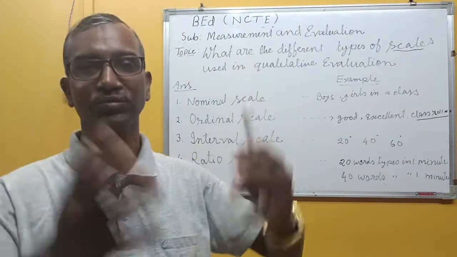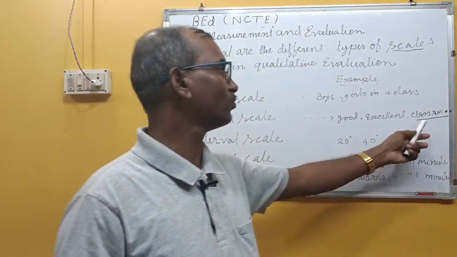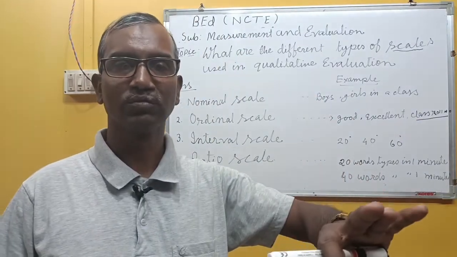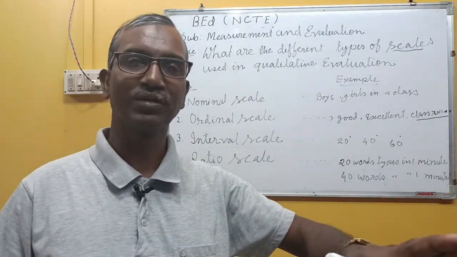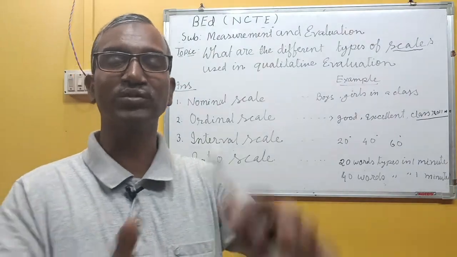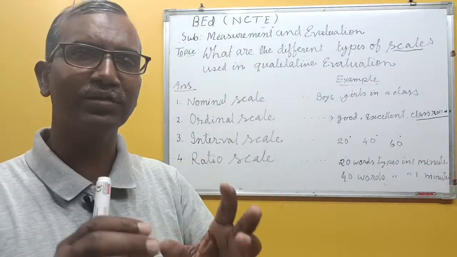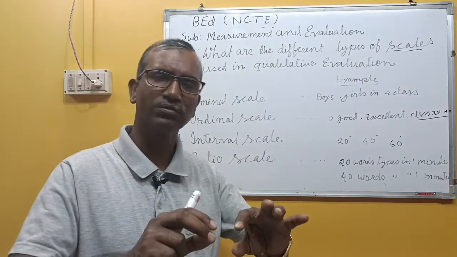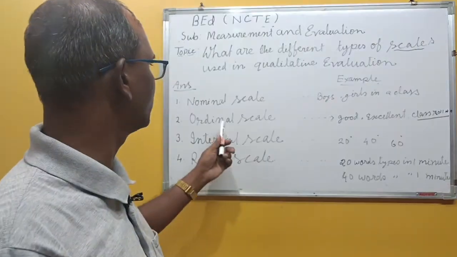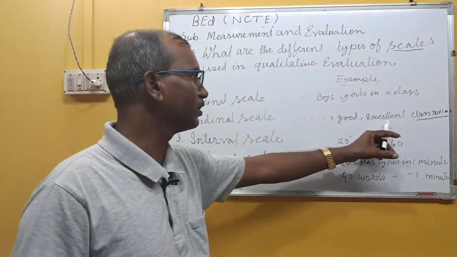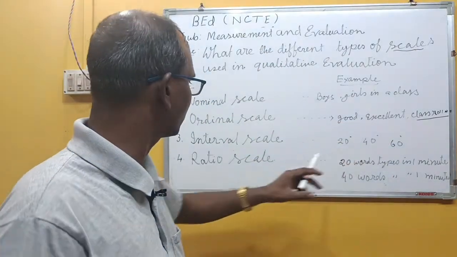We do not know whether class roll number 1 is good or best, and how much better in comparison to class roll number 2, we don't know. So it gives an idea but not definite. So that is a kind of evaluation called ordinal. In nominal we get no idea, just information. Here we get to some extent definite information.